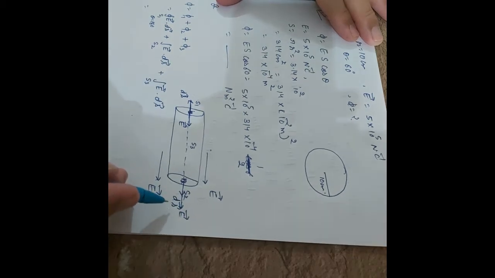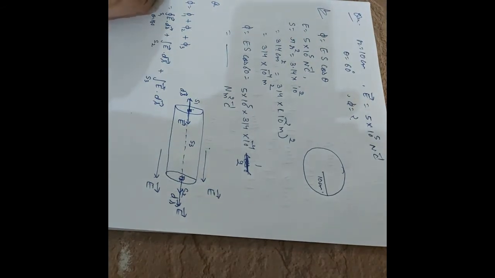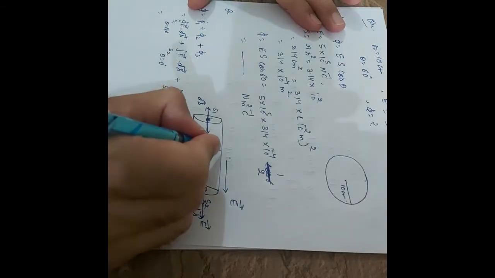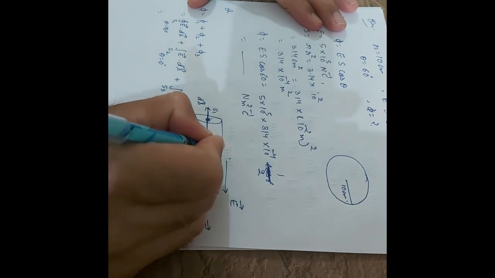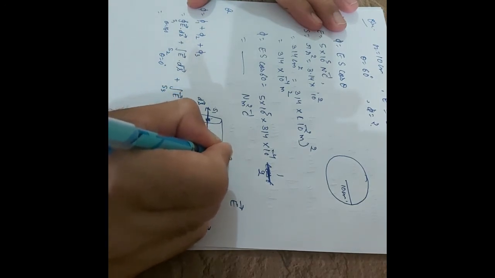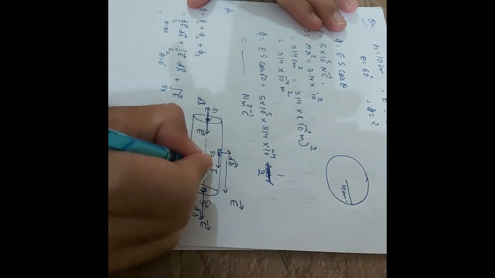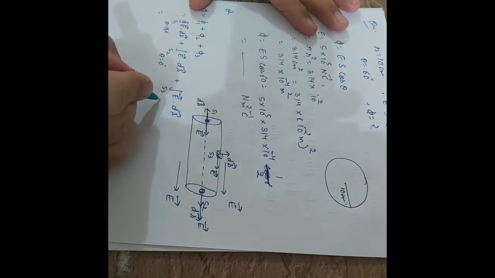So E and dS are in the same direction, so in this case θ is 0 degrees. And what about this area? Let us say this is the small area dS and the direction of the electric field is in this direction. So the angle is 90 degrees. So here θ is 90 degrees.